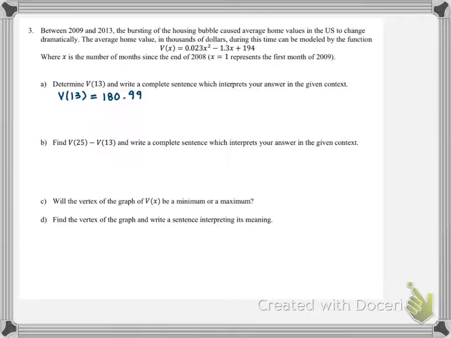Right, so the home value, so the average home value in January of 2010 was like 180,990. If you said 181, that's totally fine.